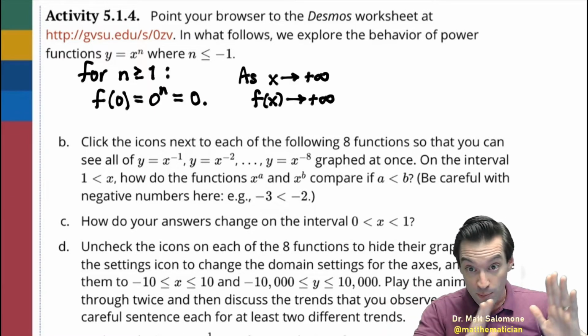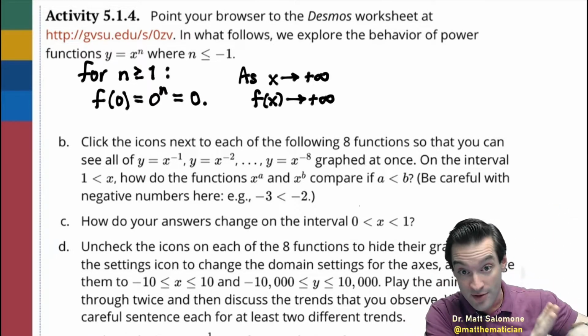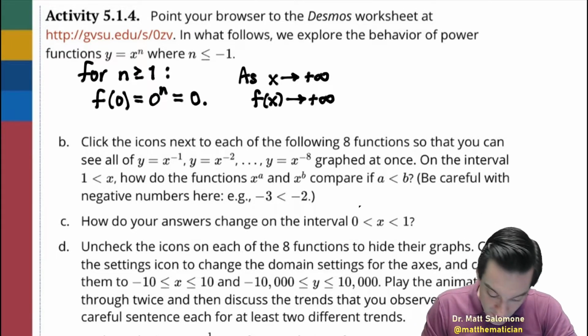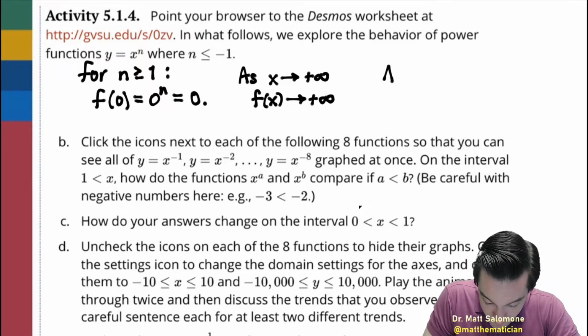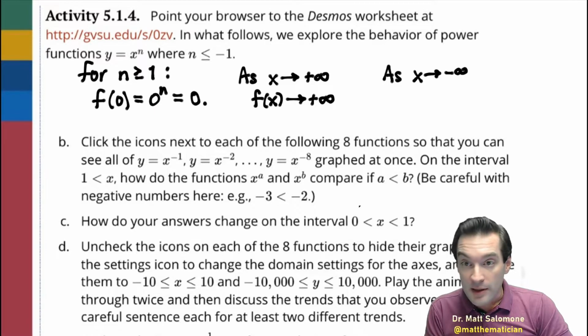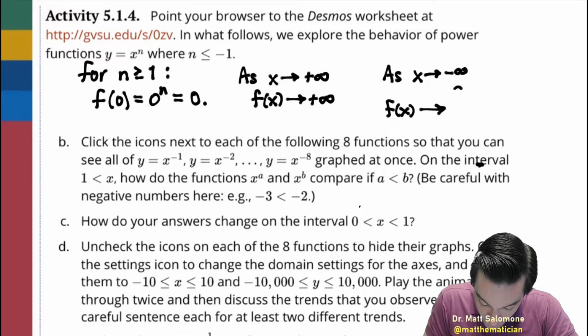They all blew up to the north as we went out to the rightmost horizon, the easterly horizon of the Cartesian coordinate plane. It was the western horizon, as x tends to negative infinity, where we saw some mixed behavior, right? Where we needed to know whether my exponent was even or whether my exponent was odd.